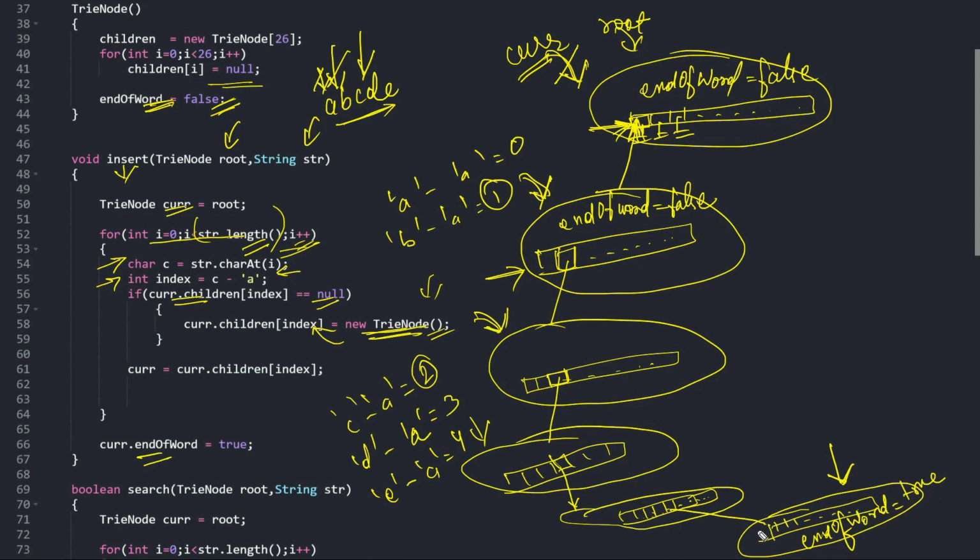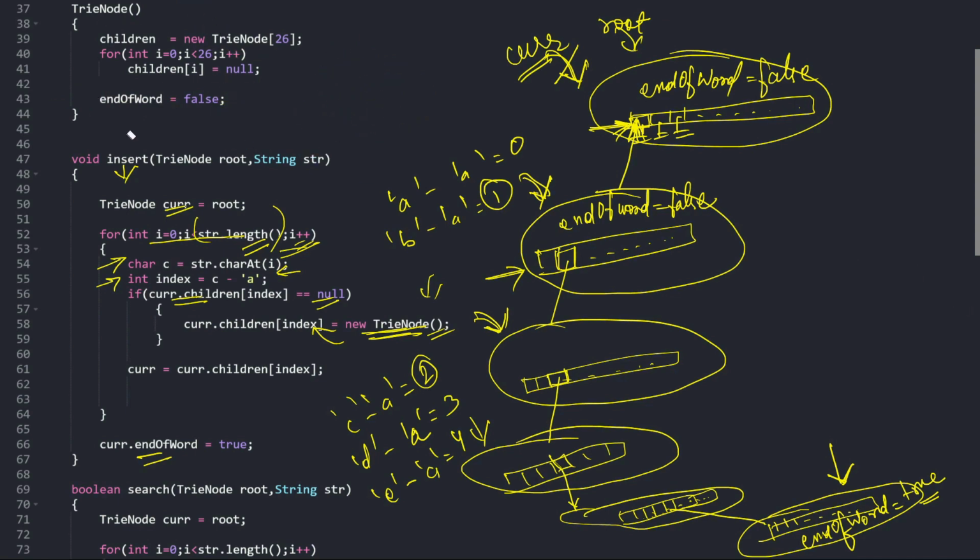Intuition in the sense that I'm not saying that I am somewhere storing character E, because your trie node only has a trie node array of length 26, and a Boolean variable end of word. So over here we make this true, which means the end of the word. So the first word ABCDE has ended. Now let's say next time you have come up with some other word.